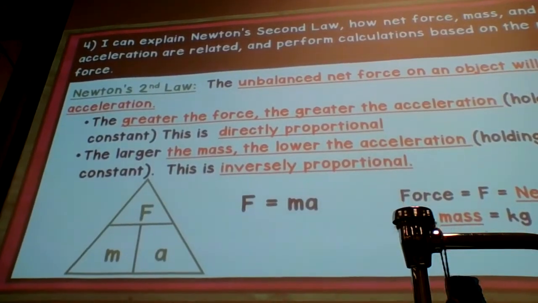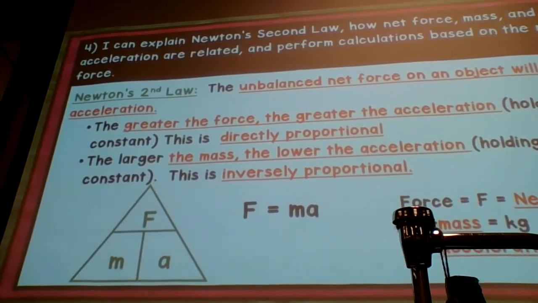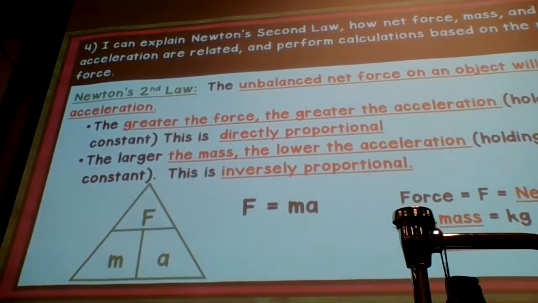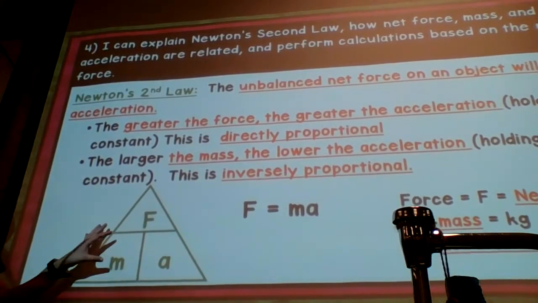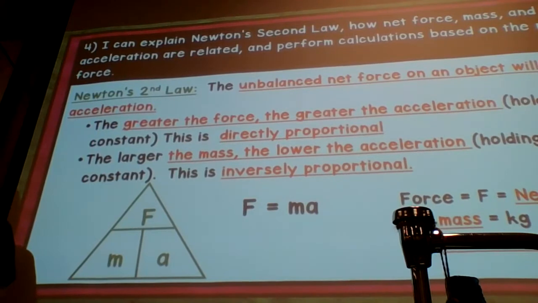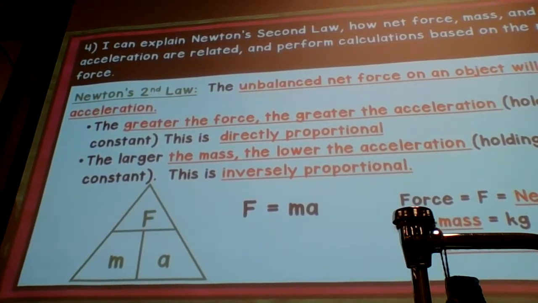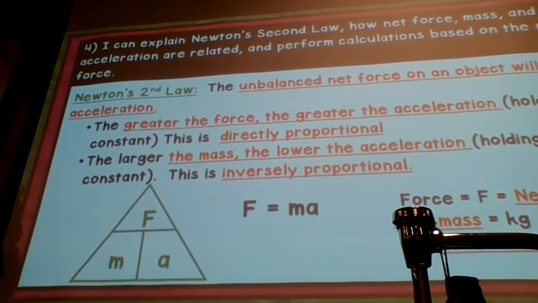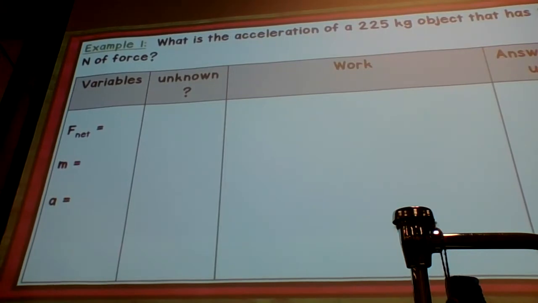The triangle shouldn't be new to you, it's just new letters. So we use this triangle and find whatever missing variable the problem gives us. Let's do some of these examples. We're not going to do all of them because there's a ton on here, but we will do some.